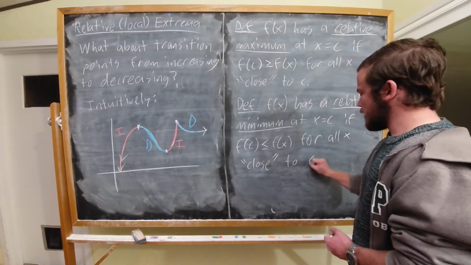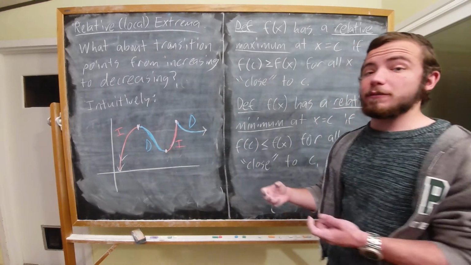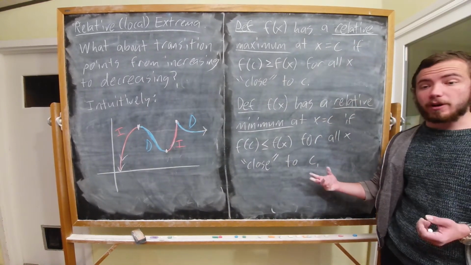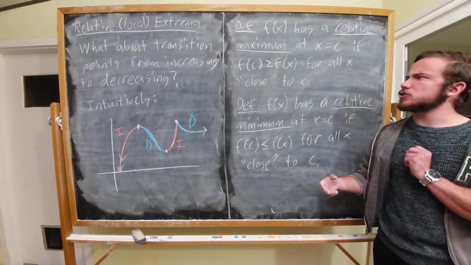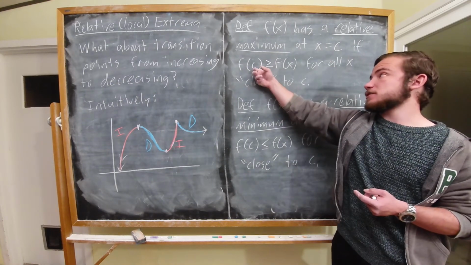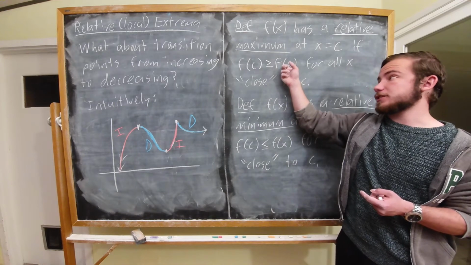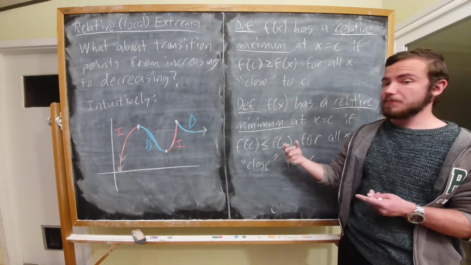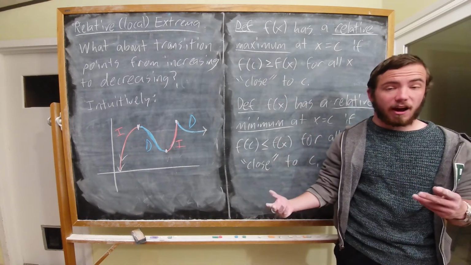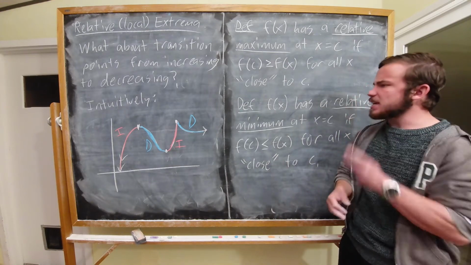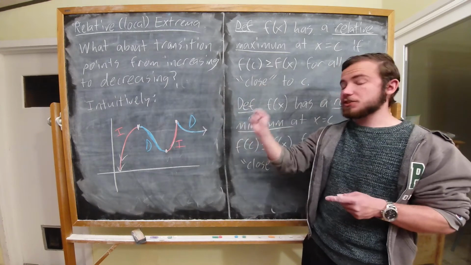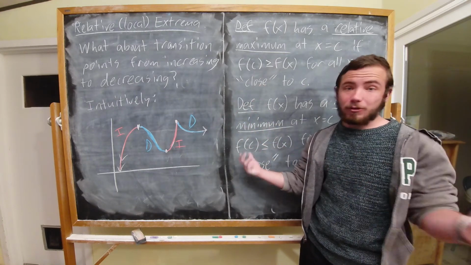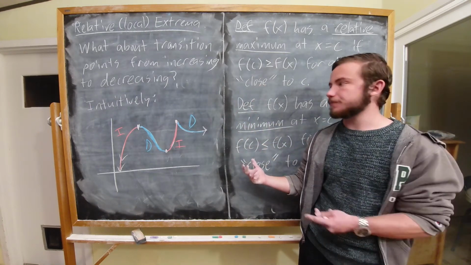to c. So how does that square with our intuitive definition of this being a transition point from increasing to decreasing? Well, if f of c is greater than or equal to f of x for all x close to c, if you go to the definition of increasing, that means that all x before c have smaller outputs, and that corresponds directly to the definition of increasing.